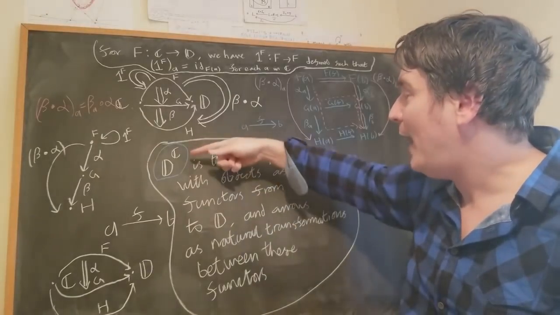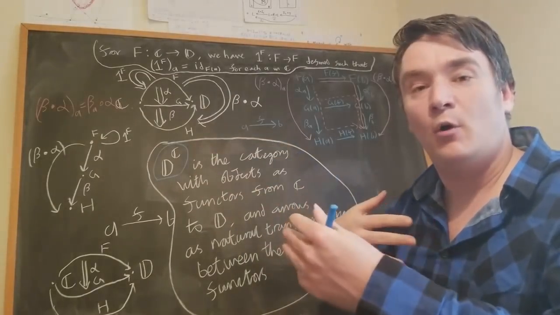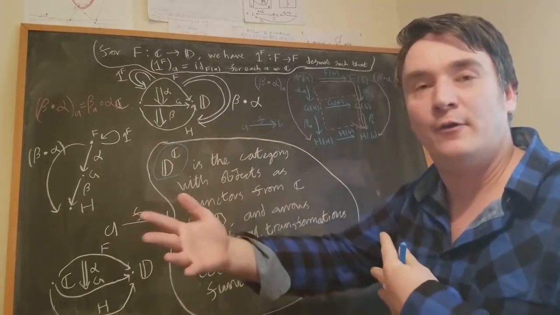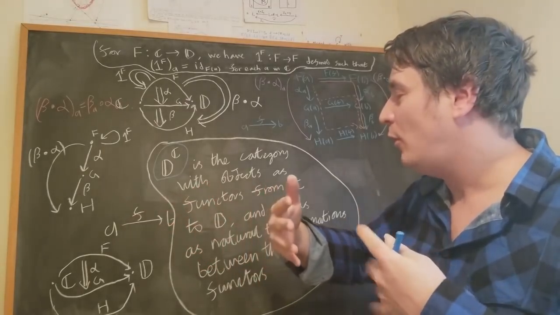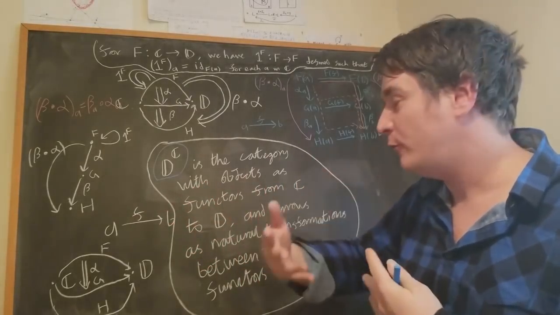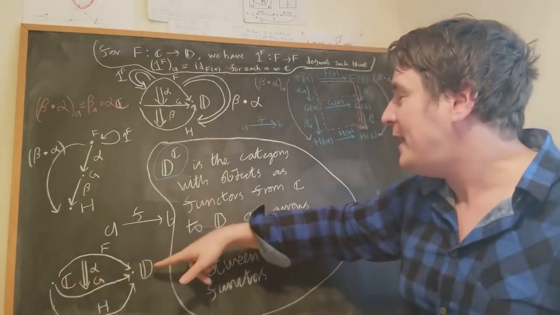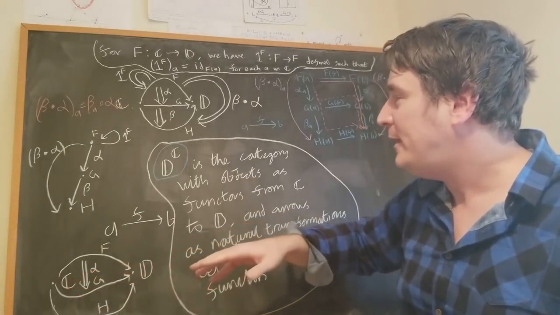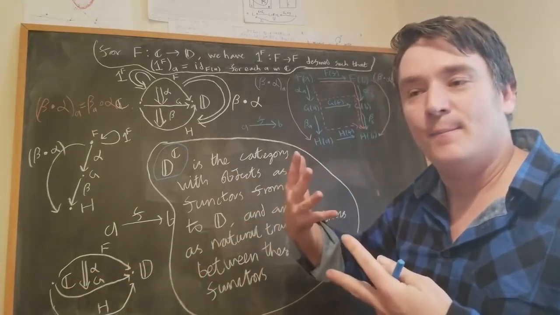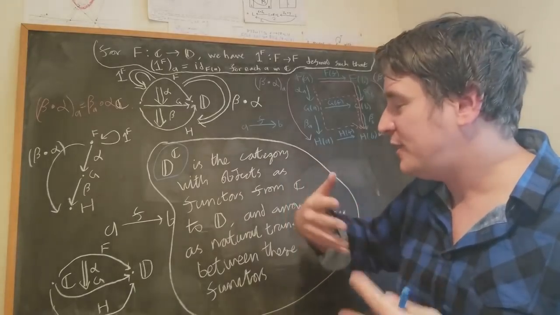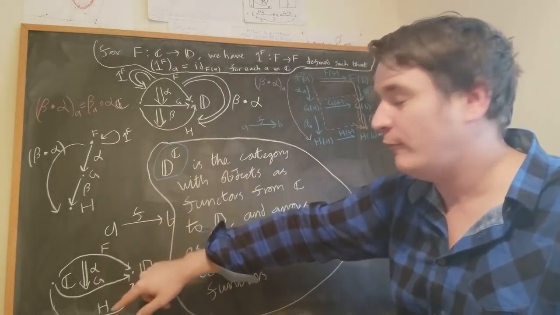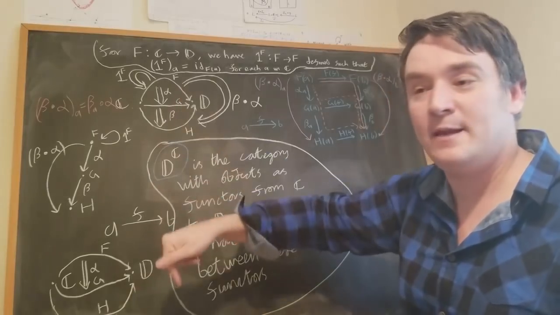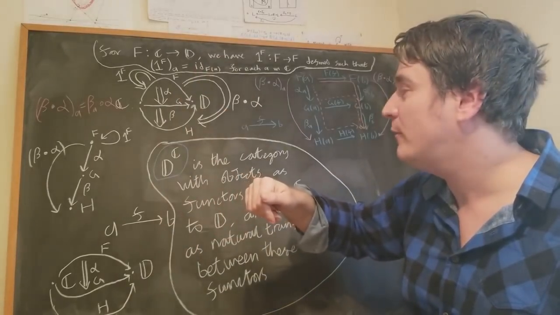So this kind of category here is usually called a functor category, or we could call it the category of functors from C to D. And it's basically just a category where every object is a functor and the arrows between them are natural transformations.